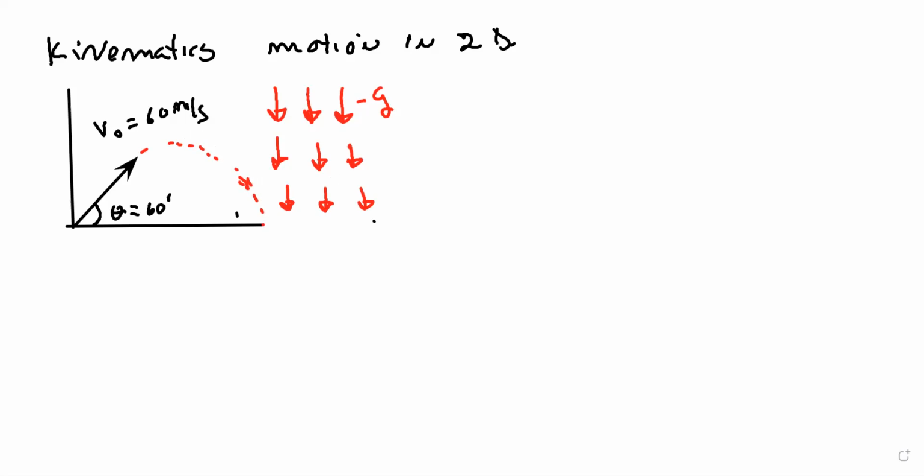And this would be your maximum height. Okay. There's a time that this particle takes to go from the origin all the way to the maximum height, and we can calculate the time to reach maximum height.